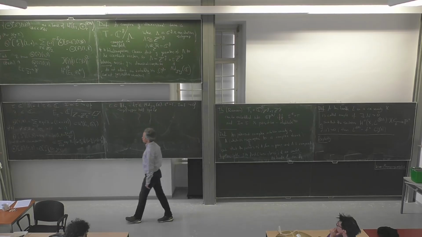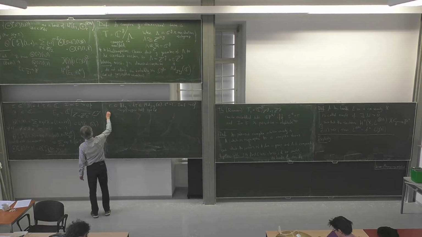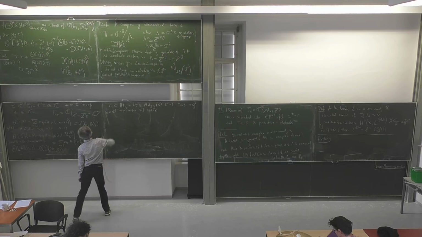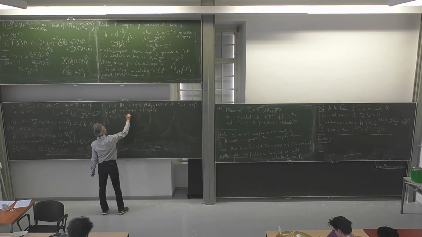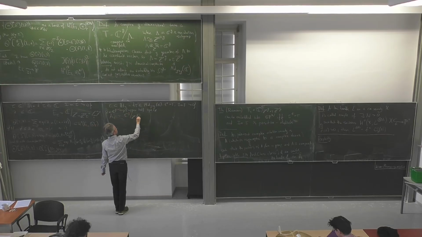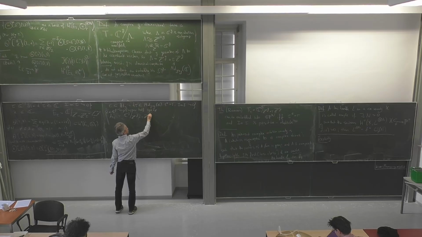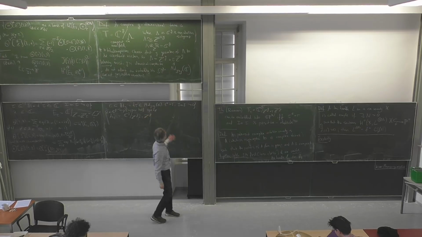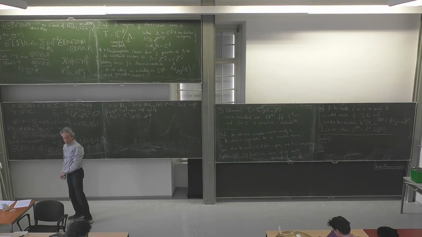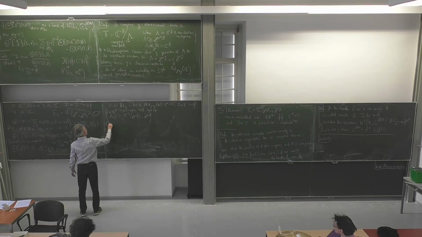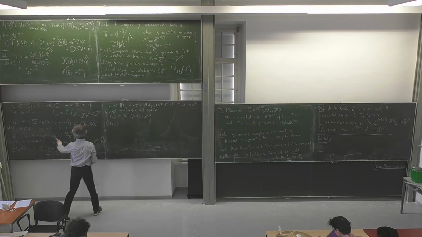Z will be a point on C to the G. And the abelian variety A sub tau will be C to the G quotient by Z to the G plus tau Z to the G. This is what I was writing everywhere there, right? Theta of tau Z is this formula.